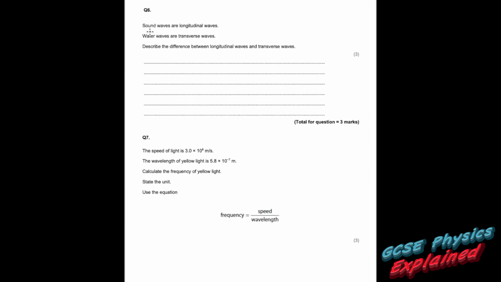Question 6. Sound waves are longitudinal waves. Water waves are transverse waves. Describe the difference between longitudinal waves and transverse waves. Well, once again, it's very similar to the question that we had previously.